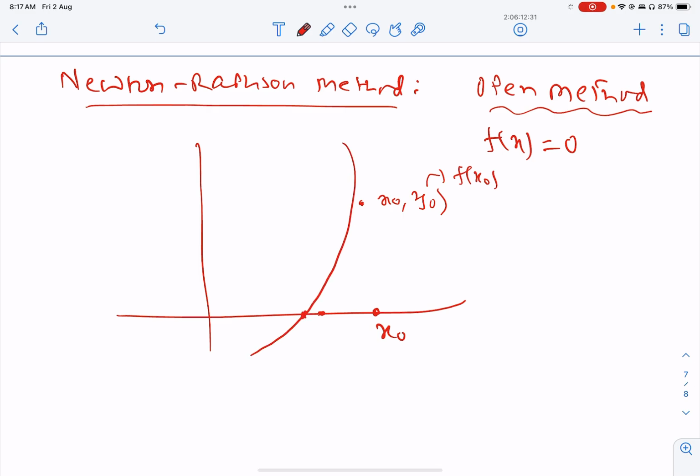So this is the exact root and this is our x. So here what we do, we find out the tangent at that point. At this point we find the tangent, and where it cuts the x-axis is our next approximation. So that is basically the idea.